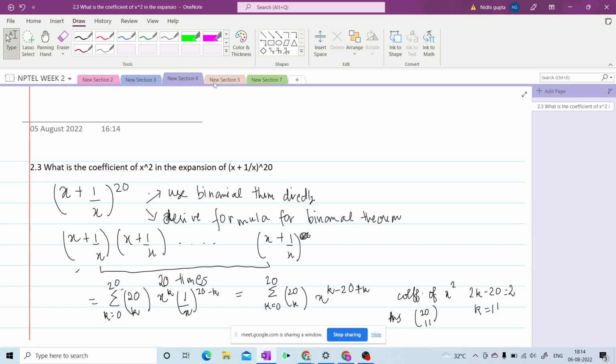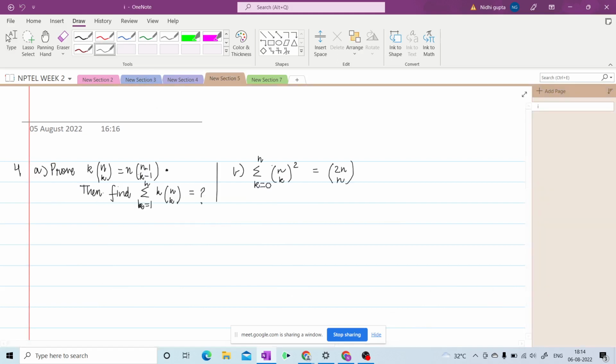Now the next question. First, we have to prove k into n choose k is equal to n multiplied by n minus 1 choose k minus 1. Question 4 can be done using binomial identities, but we won't be doing that.